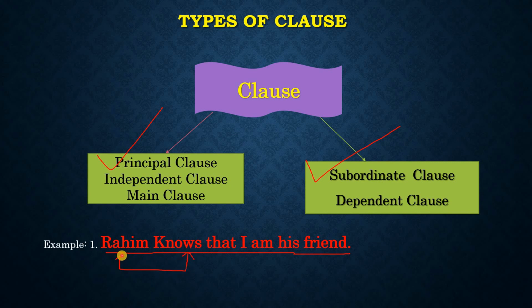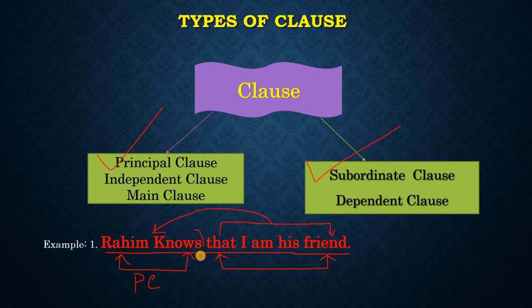This is the principal clause, PC, or you can say independent clause, or main clause. But that I am his friend is called a subordinate clause or dependent clause, because its meaning is not clear to you. That I am his friend. So it is fully dependent on this sentence.